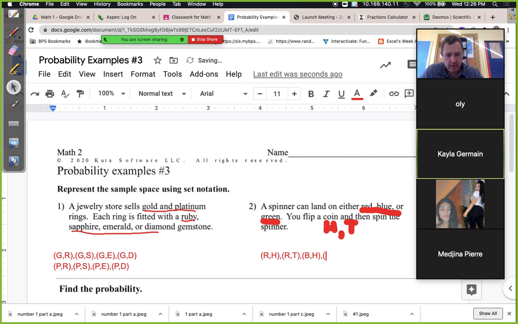Or I could get green on the spinner and heads on the coin, or I could get green on the spinner and tails on the coin. That's my sample space for this problem. Are you following that okay or not following it too well?